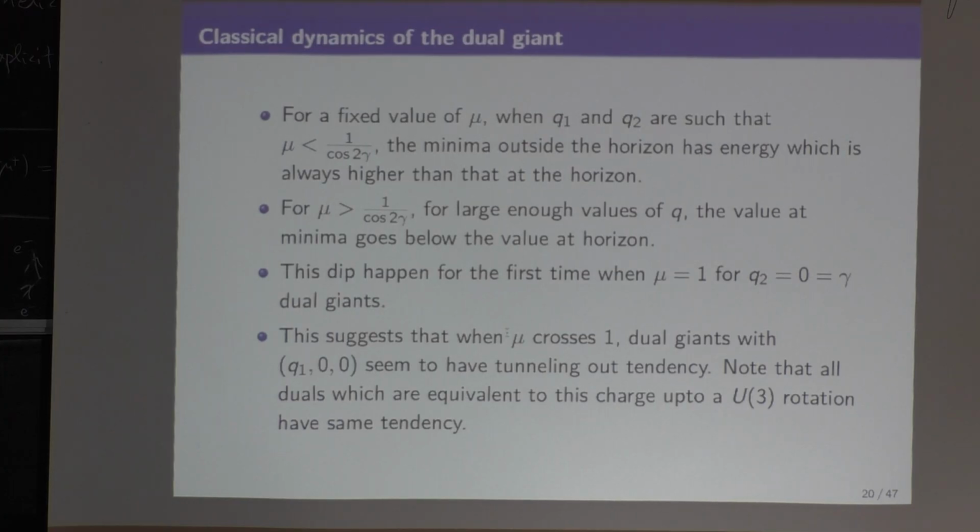I see. Okay, here I have a D3 brane. I'm not sure if there is any instability of the kind that you are talking about. But yeah, if you have something in mind.